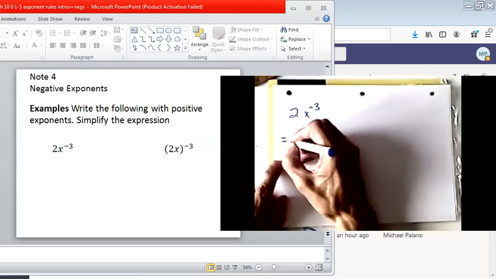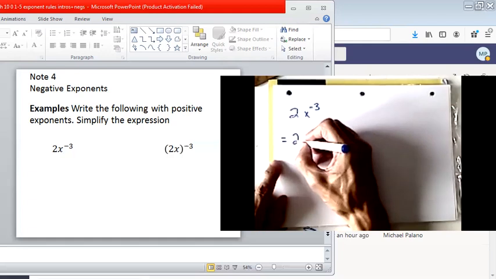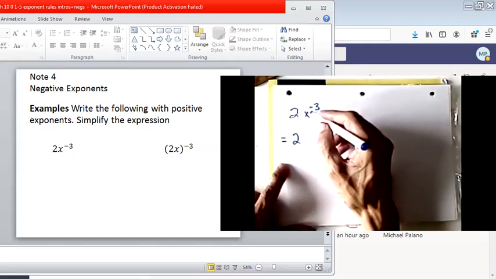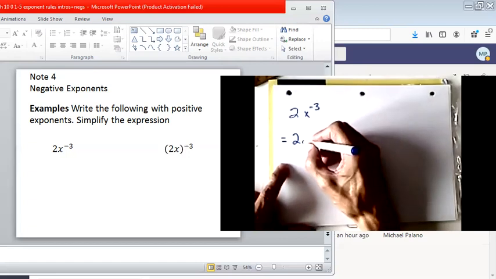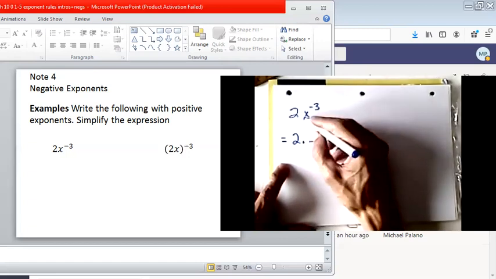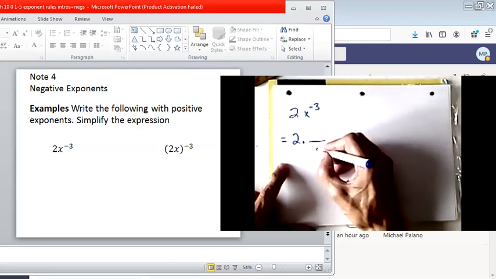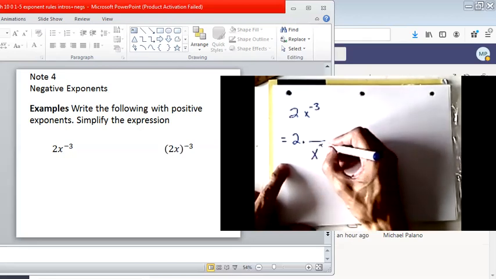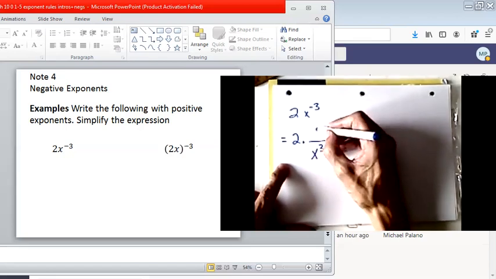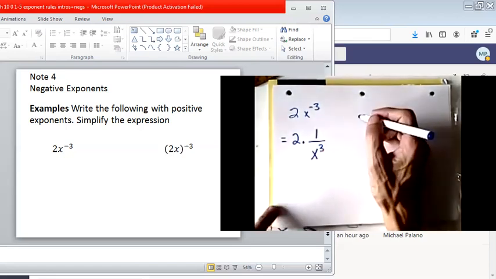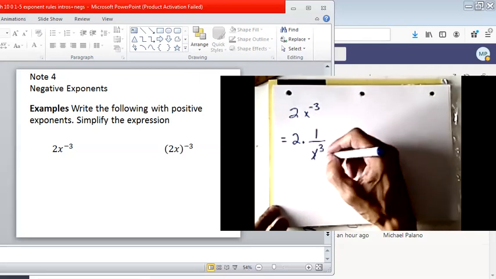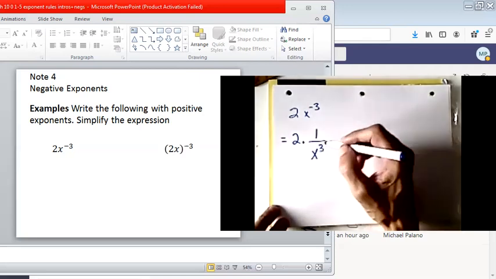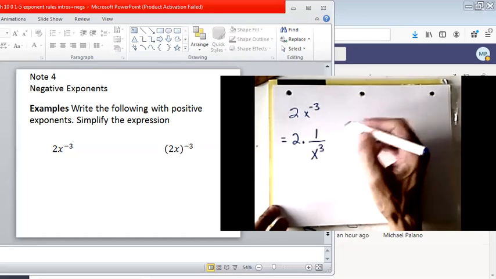It's just the invisible 1. So watch. To write this with a positive exponent, it's going to be 2 times, we can put this upside down. X goes on the bottom, plus 3 now, and the 1 on the top just to keep it there. The minus 3 is on the x only. X goes downstairs, so the 3 changes to positive.